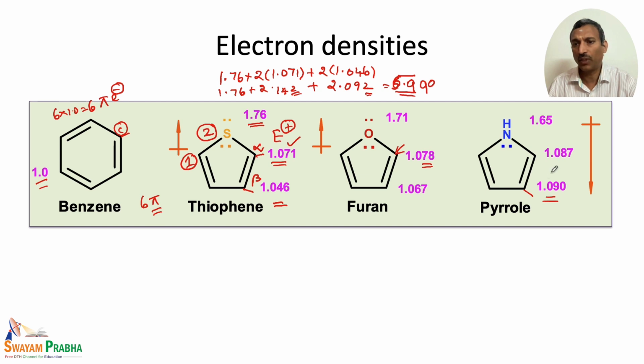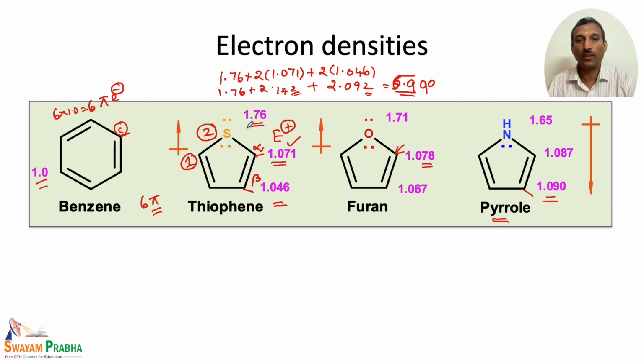Of course, if you see the difference, only 0.003 electron unit difference is present. So that means 2 and 3 substitution may both happen, and it may be towards the 3 substitution as a major one. That is the case of pyrrole's reactivity. So based on the electron densities, we can find out how they undergo reaction.